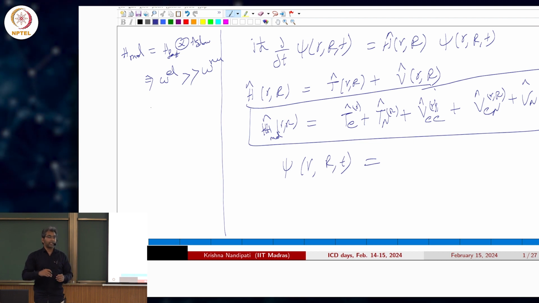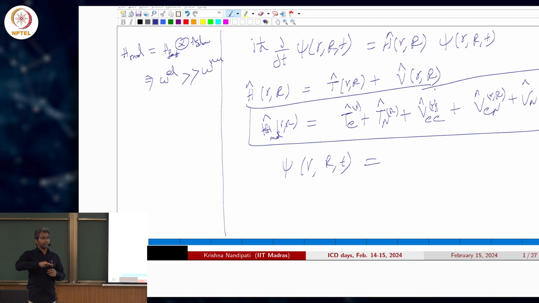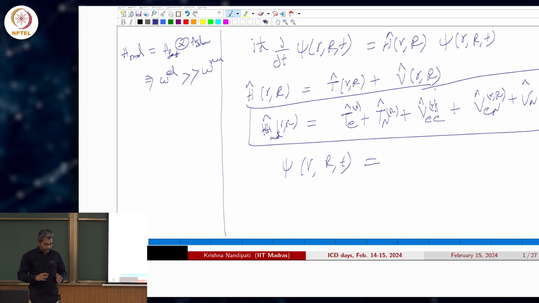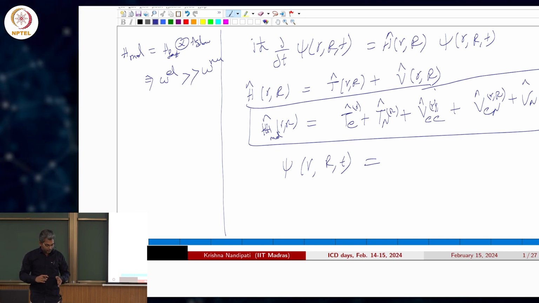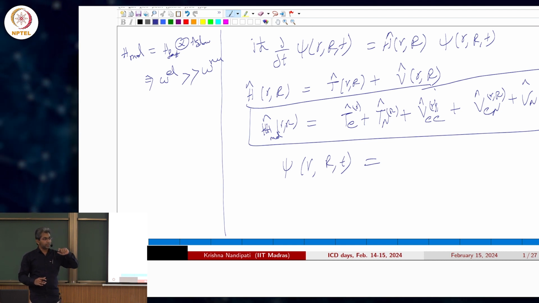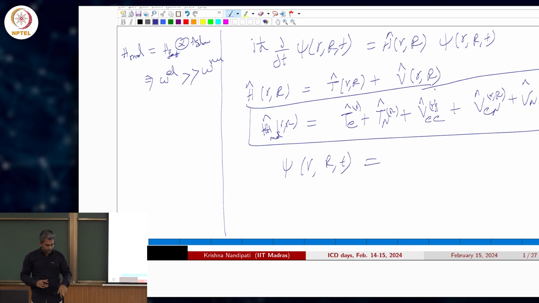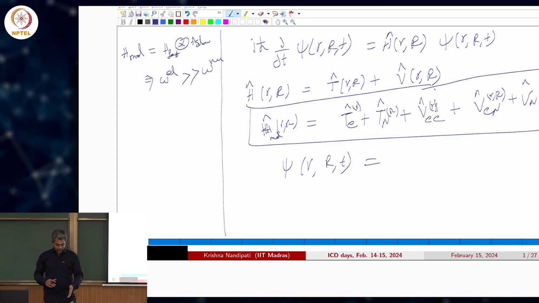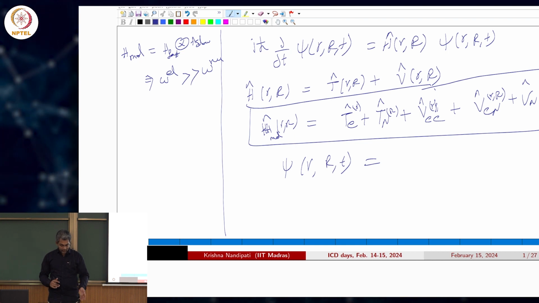It's like electrons see the electrostatic field created by the nuclei on a time scale much slower than the frequency of the electronic states. Then we can regard this nuclear perturbation as a slow perturbation, and we are now in the adiabatic regime.